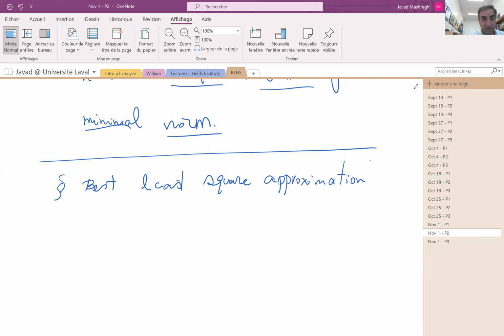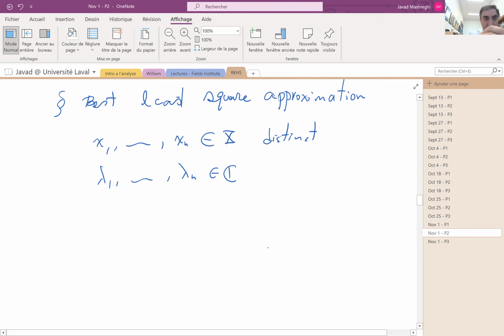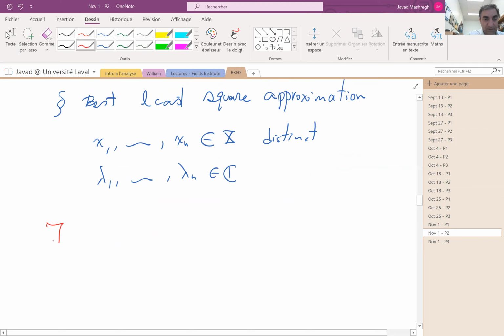I mean, if x1 up to xn in X, distinct as usual, are given, and also lambda 1 up to lambda n in C are given, sometimes there is no f in H such that f of xi is equal to lambda i. So the interpolation problem has no solution.